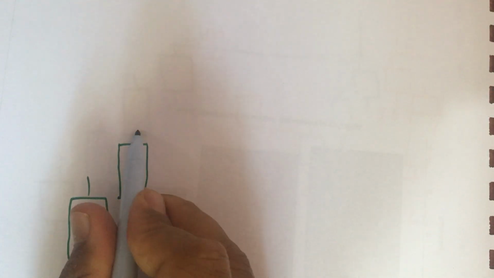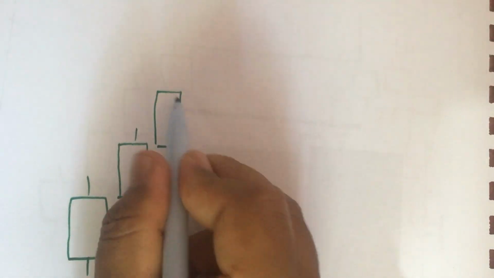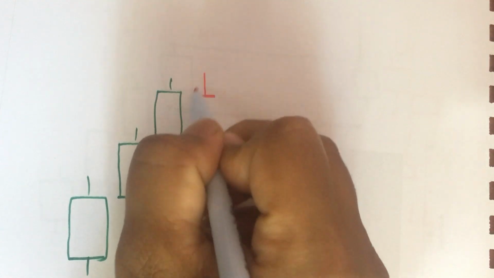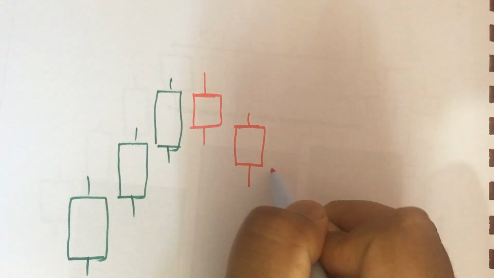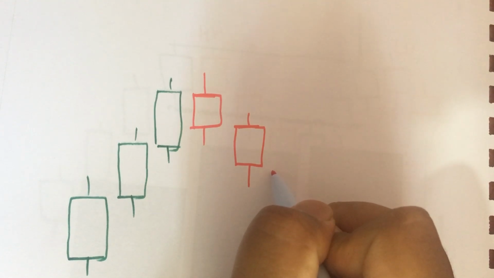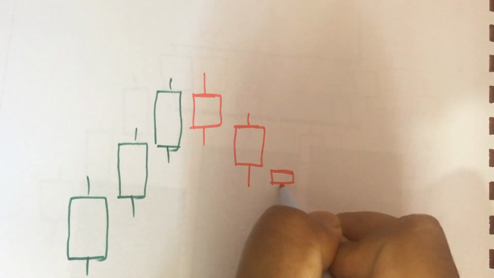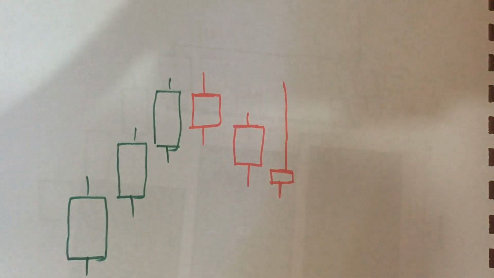All right, the third thing is that in counter trend setups, you may sometimes see a candle going up like this, another candle bullish like this, another candle like this, and then a bearish candle like this, another candle printing bearish like this, and another candle printing bearish like this, with a wick on top.